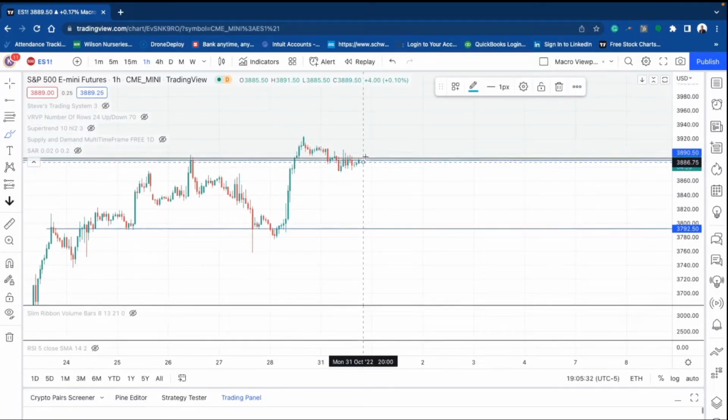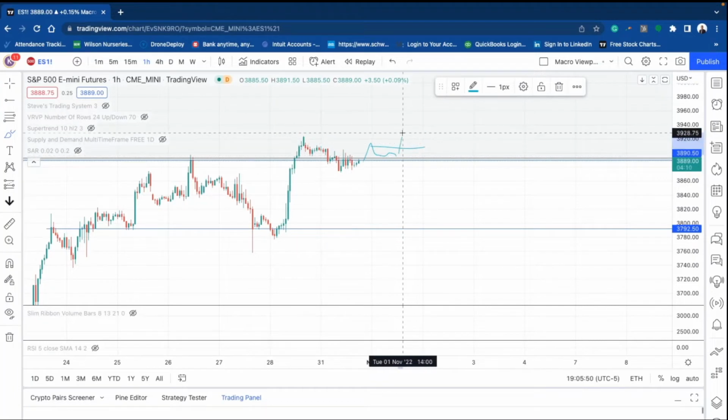Ooh, okay, hold on. Move up, flip this SR, come back down, hold it, and then chop around, create some new structure within here. So now you got this new high. And then I'd like to see the market break it, retest it, and then continue higher.